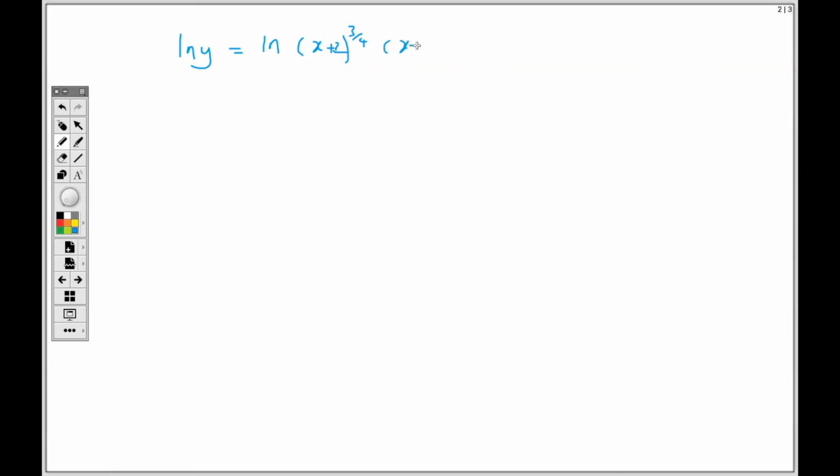Now, this is the same line that I have on the previous slide. And what I'm going to do is first look at 3/4. I can rewrite 3 over 4 as 3 times a quarter. It's the same thing as 3/4.